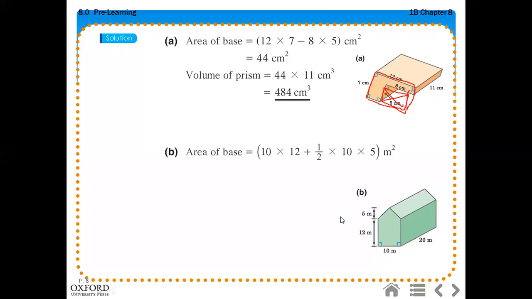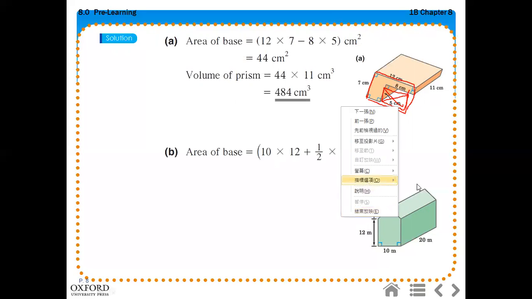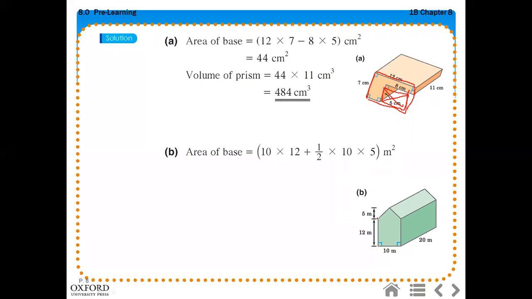Then the question B. You don't have any direct formula to find the area of a pentagon. So find the area of the triangle on top and find the area of the rectangle below. This is the rectangle.